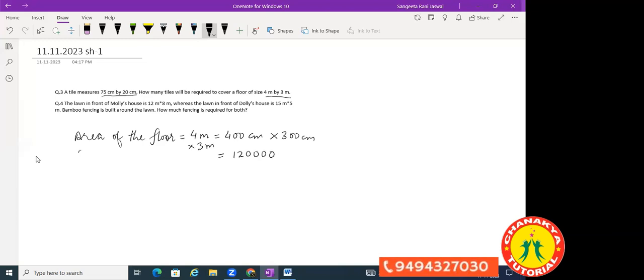This is centimeter square. Now area of the tile. Tell me now what is the area of the tile? 25 into 20 centimeter, or centimeter square? Okay, find out.